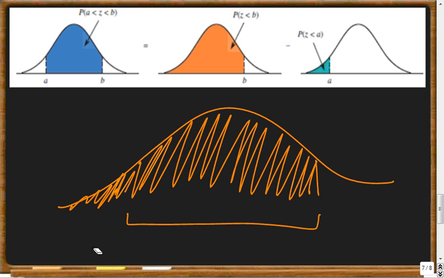So we start here, that gives us this whole area all the way down, but we cut off everything below this point, and that will give us that area. So when we're looking for area between certain points, sometimes we start at the top, count everything down, and then we take away everything below a certain point, so that gives us only what we're looking for.